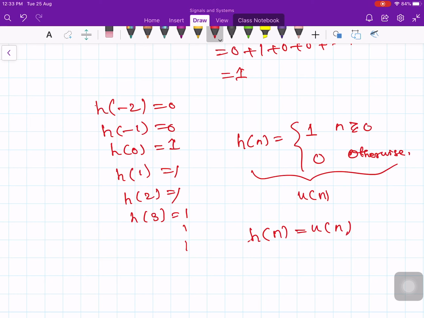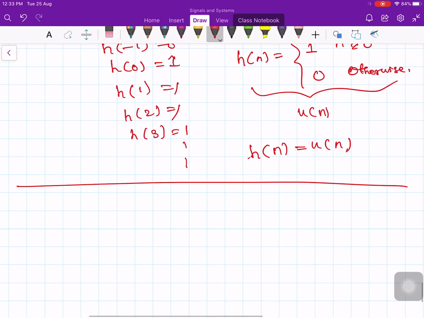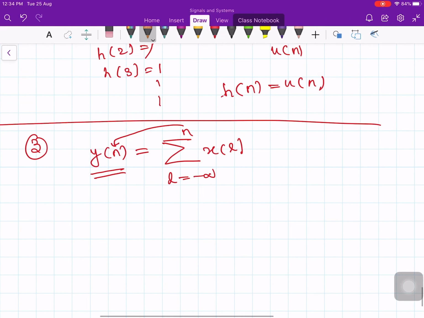Now let us take the third version of the same accumulator. As I said, from example 1, y of n is sigma L ranging from minus infinity to the present value, the upper limit and the argument of y of n both are the same, x of L. Now what I am going to do is break this into two summations.